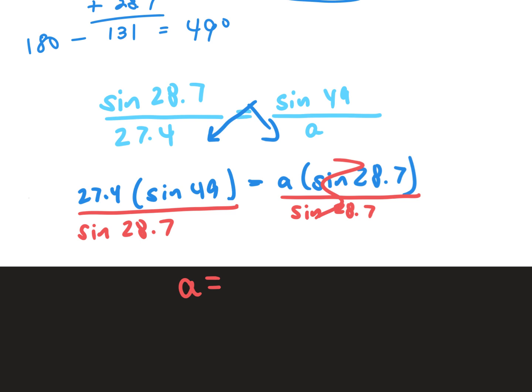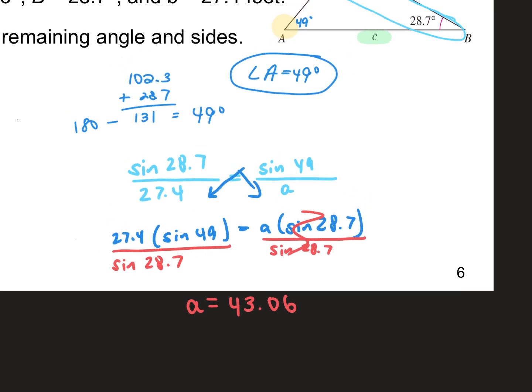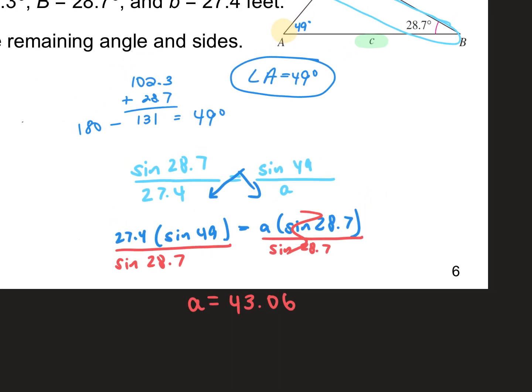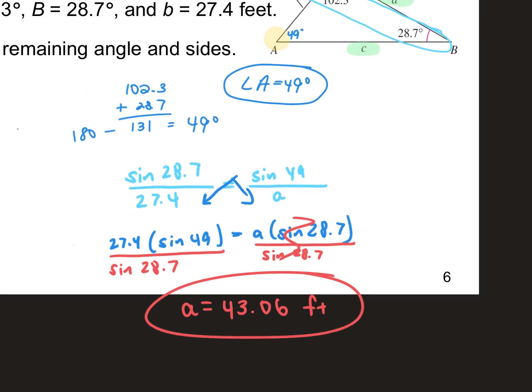Tell me what you guys get. So 43.06, say? Okay, 43.4. You will be told what to round to. 2 decimal places, 1 decimal place, whatever. But one thing we are missing is what is the side length measured in? Feet. So then you need to say feet. That's it.